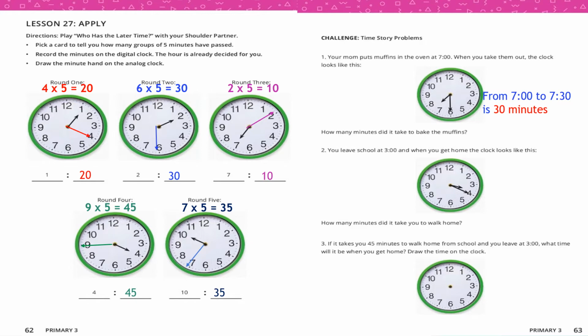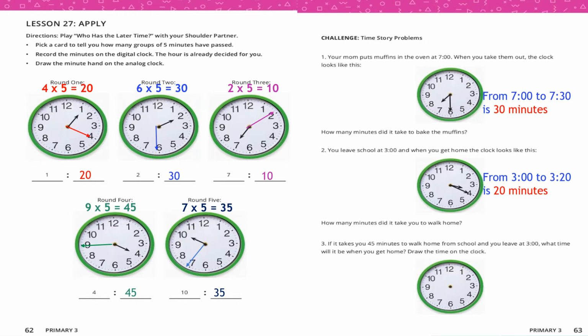It's a 3. The 4 is telling me what? 4 times 5, 20. So it's 3:20. So between 3 o'clock and 3:20, we have 20 minutes. The hours didn't change. Just minutes changed. So we have 20 minutes difference.